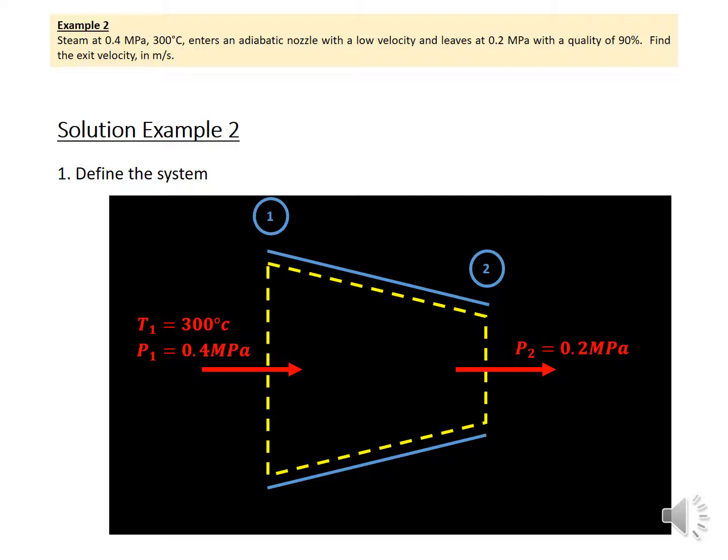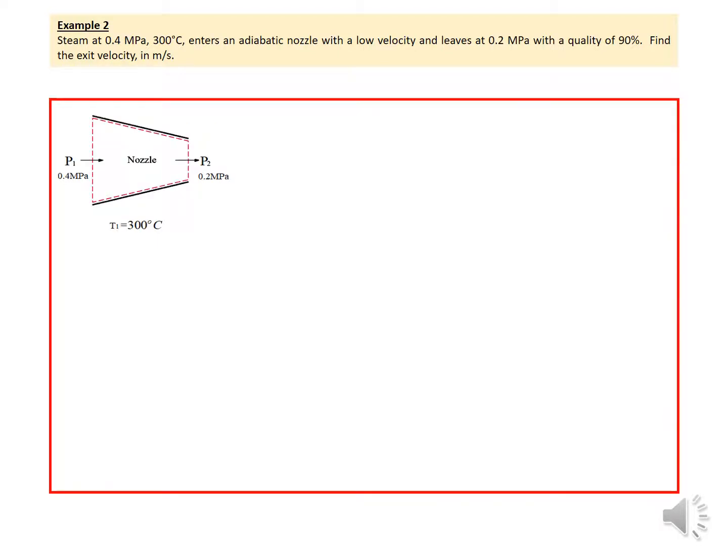And at the exit, P2 equals 0.2 megapascal. Given that P1 equals 0.4 megapascal, P2 equals 0.2 megapascal, and T1 equals 300 degrees Celsius.